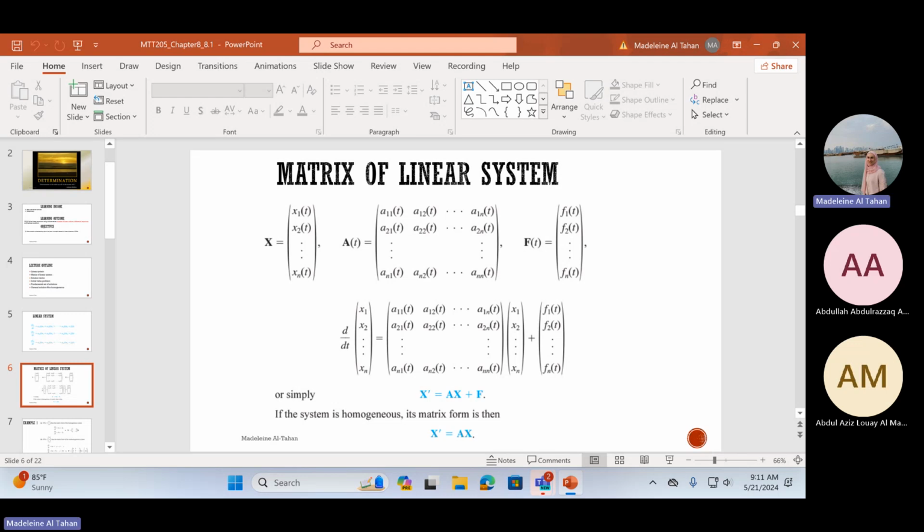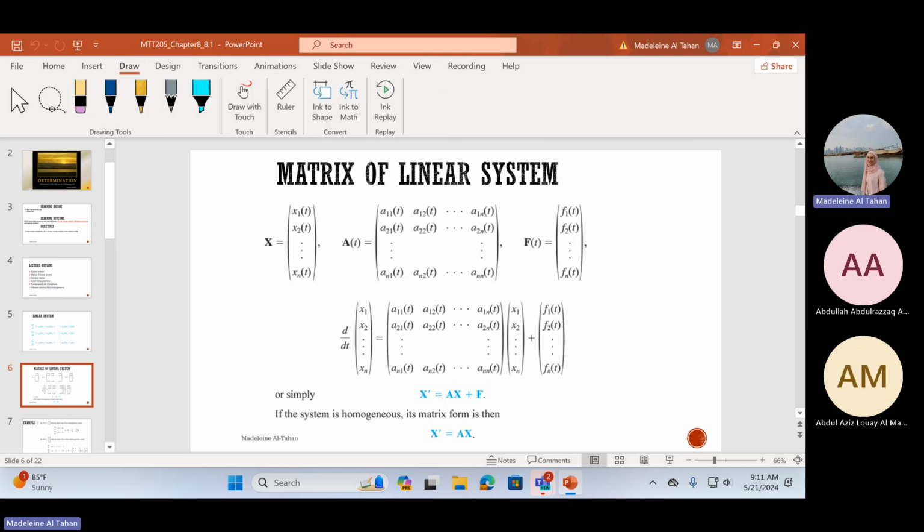Now here we have dx1, dx2 till dxn. Can you take the d outside? What did we get here, miss? Look at this form. Right?